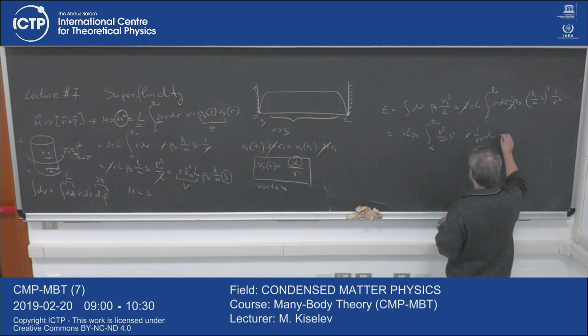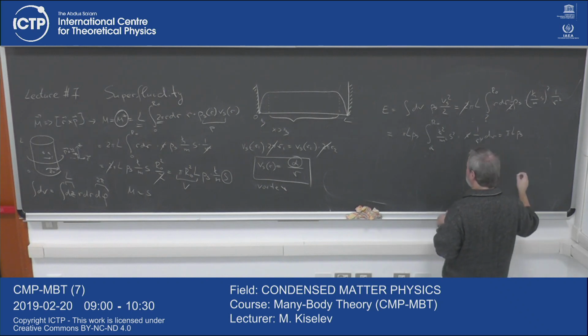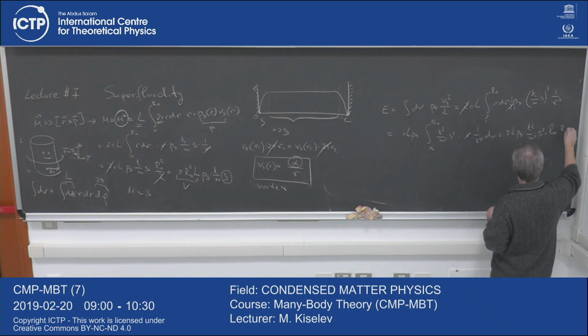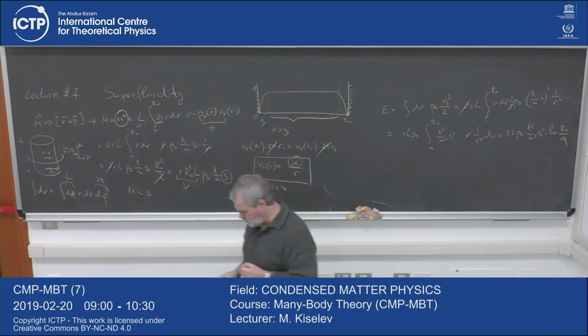So this is then pi L rho s times h squared over m squared s squared times the logarithm of R node over the core radius.